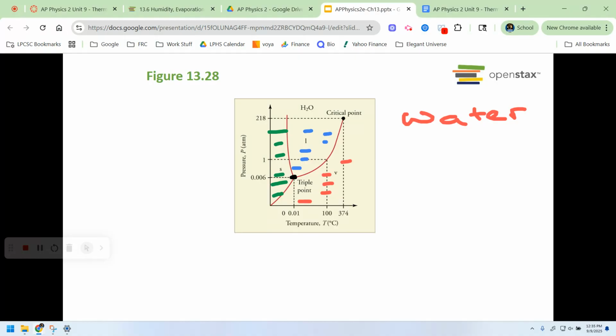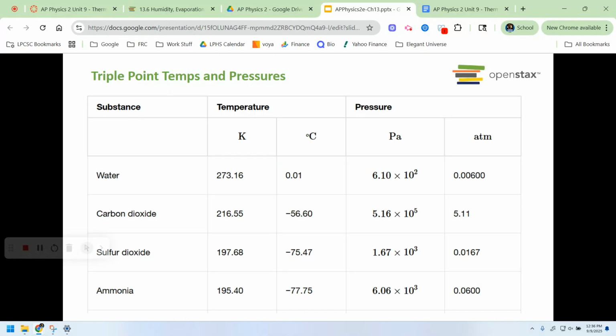So the triple point's an interesting thing. Why does this matter? Because sometimes in a lab you can increase the pressure or decrease the pressure, and that allows you to do certain things. And here are some triple point temps and pressures. So for water, and this is right from that diagram that we had the last time, the temperature is 273 degrees Kelvin, which is just a little bit over zero, right?